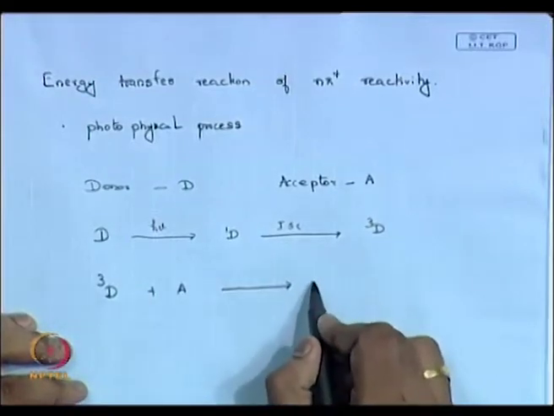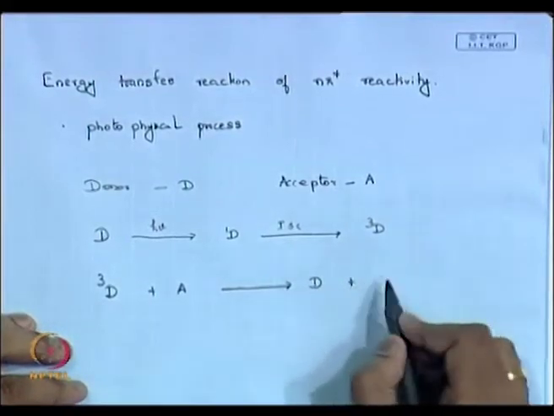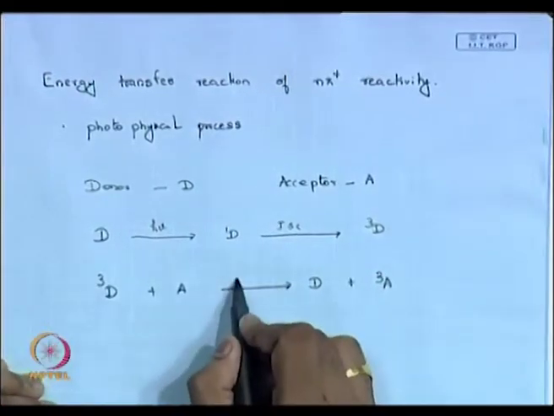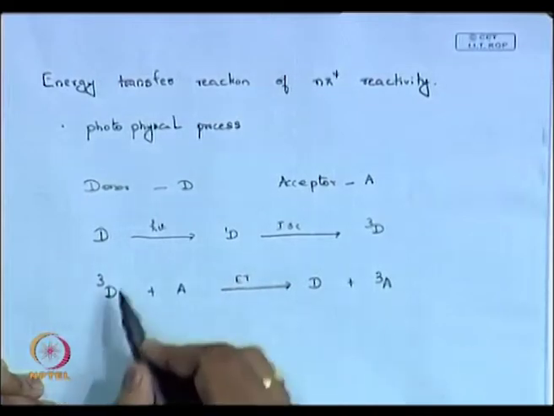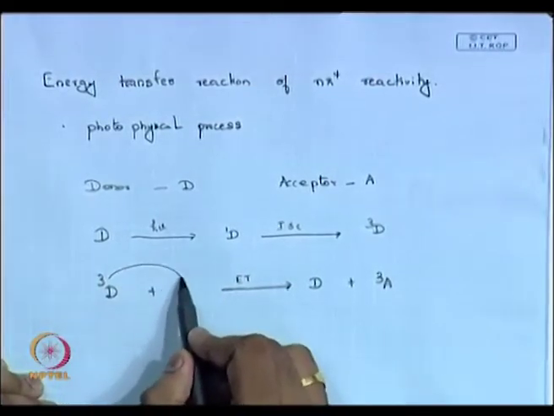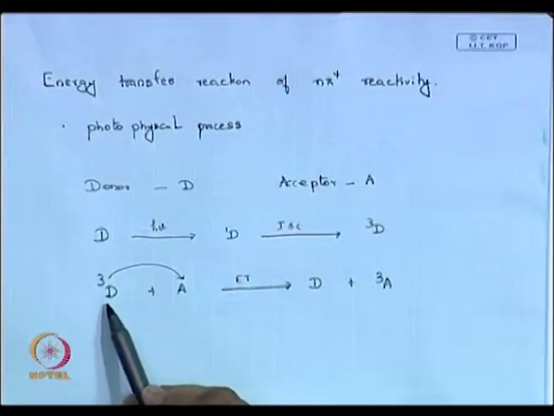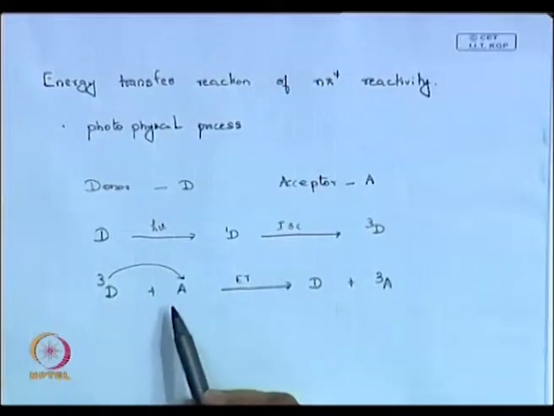and you get a sort of energy transfer where your donor gives this excited triplet energy to your acceptor. Now, this collision is between your triplet excited state of your donor and the ground state of your acceptor.